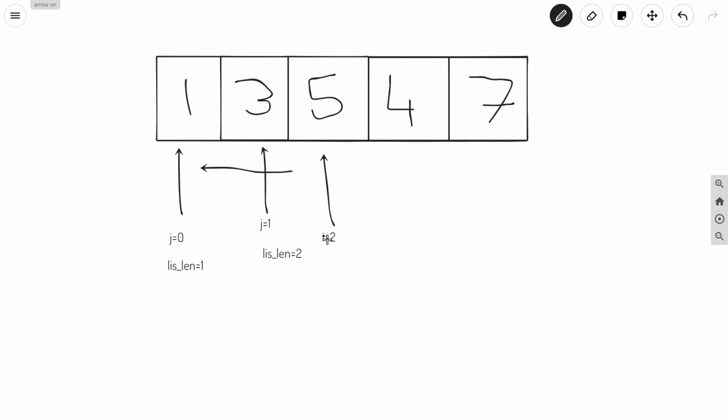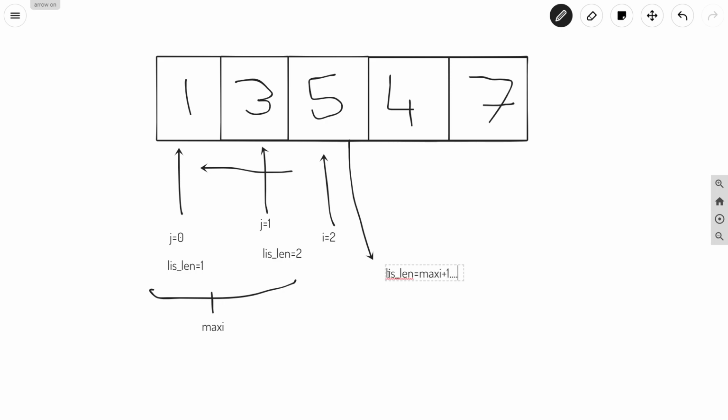We will iterate over the left part and get the maximum value of LIS, and this 5 is going to be attached to the maximum one. Let's say we have a maximum of LIS at the left part, call it maxi. Then for i equal to 2, the LIS length will be maxi plus 1.